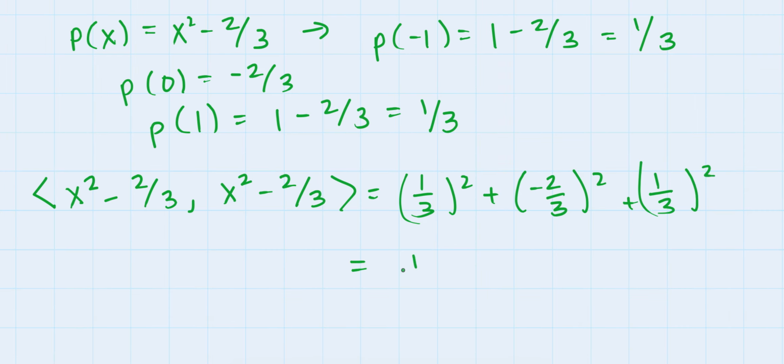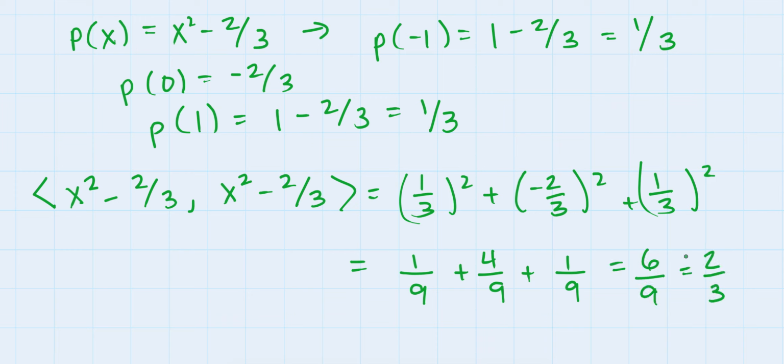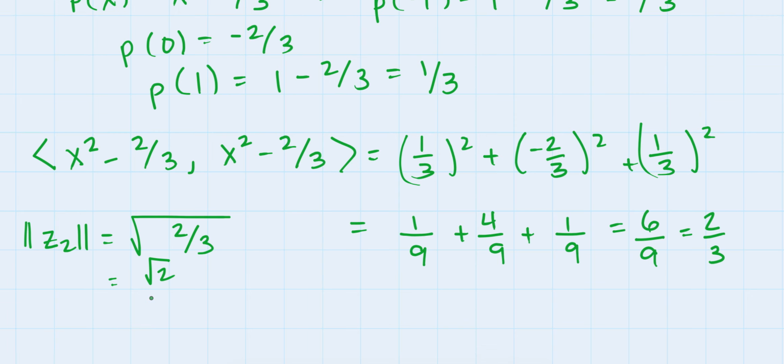So we get 1 over 9 plus 4 over 9 plus 1 over 9, which is 6 over 9, which is 2/3. Okay? So then the length of this vector Z2 is the square root of 2 over 3, which if you want, you can write as root 2 over root 3, which is root 6 over 3. If you multiply the top and the bottom by root 3, that's what you get.